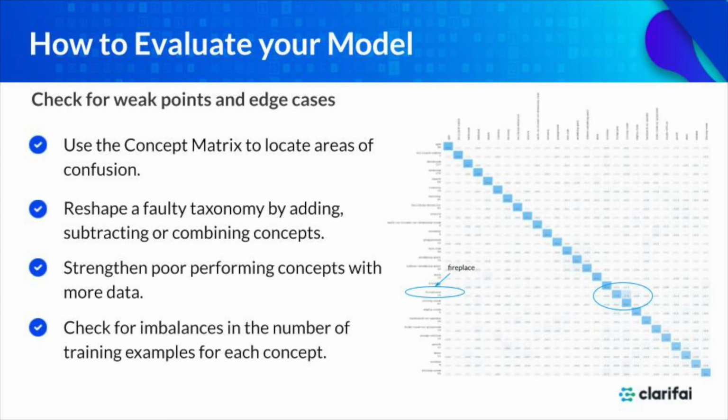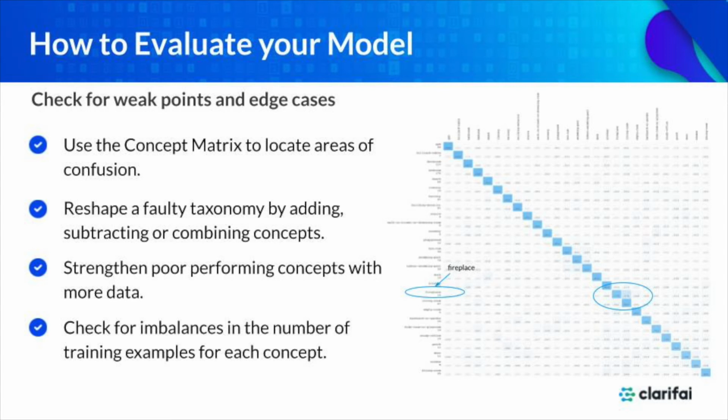And that's why I'm totally okay with this amount of confusion in my model, because I understand, and I would not be upset if a fireplace was slightly confused for a living room because they have such commonality. If the cluster of confused concepts was something like a hot tub and a bedroom, I would be far more concerned, and that's when I would do a deep dive into my training.